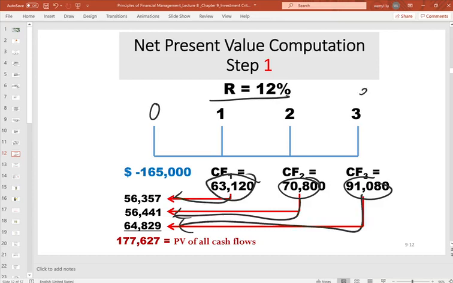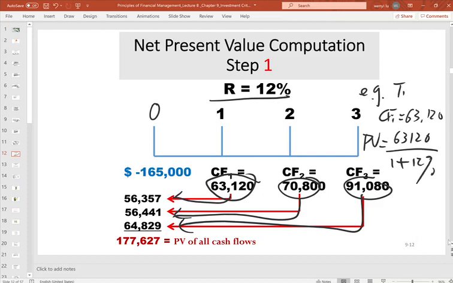For example, for time one, our cash flow is equal to 63,120. So the PV of this cash flow equals 63,120 over 1 plus 12%.